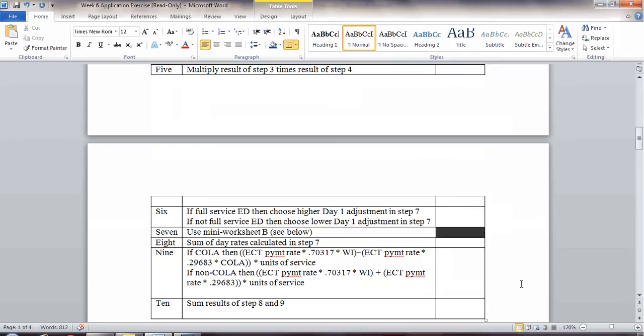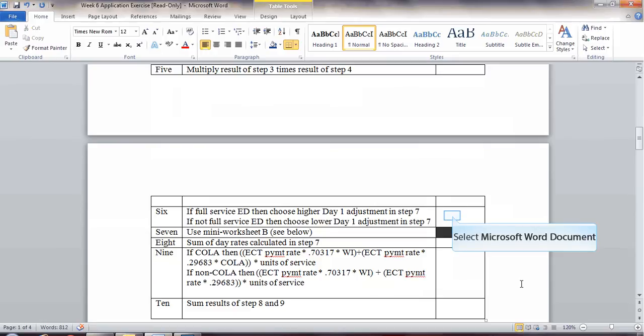And for this particular step, we are instructed to either enter the higher Day 1 adjustment rate, or if it does not have a full-service emergency department, we're going to enter the lower Day 1 adjustment. These day adjustment rates, the amounts are actually listed in Table 6.7 of our text on page 147.